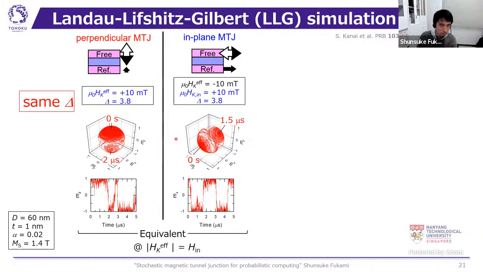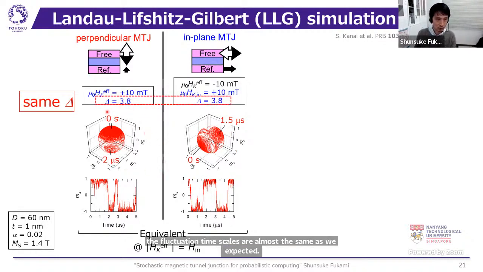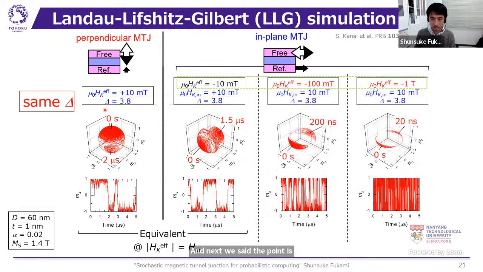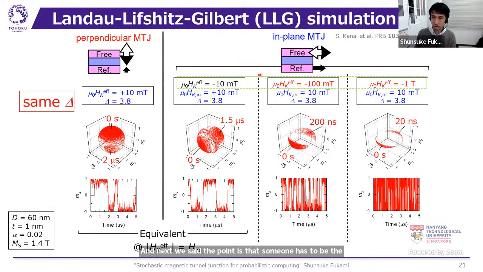So the fluctuation time scales are almost the same, as we expected. The point is that the thermal stability factor is the same. Next, we just changed the anisotropy field along the perpendicular direction. For this case, the easy axis anisotropy is 10 millitesla. So the thermal stability factor, or the height of the energy barrier, is the same, 3.8, but the fluctuation time scales are largely different.